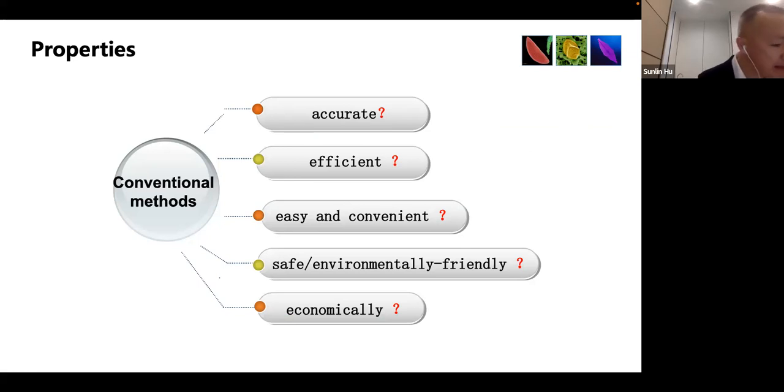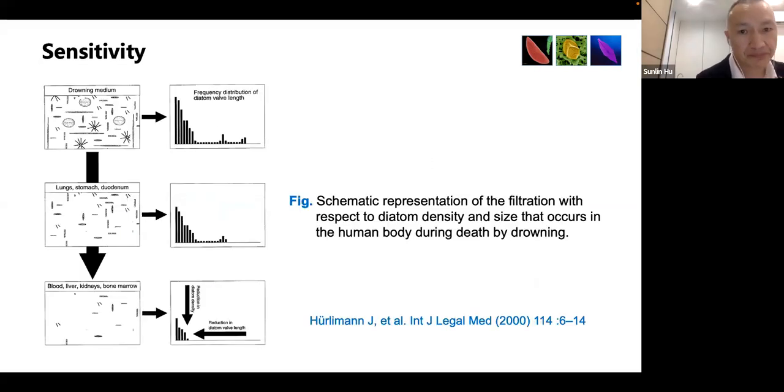These conventional methods are satisfactory in terms of accuracy, efficiency, convenience, safety, and economy. Above all, sensitivity is crucial in the forensic diatom test, as can be seen from this diagram.